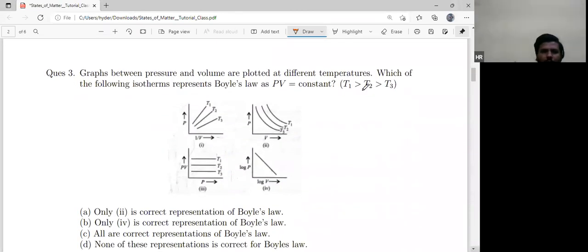It's a very good question to clear your graph problems.